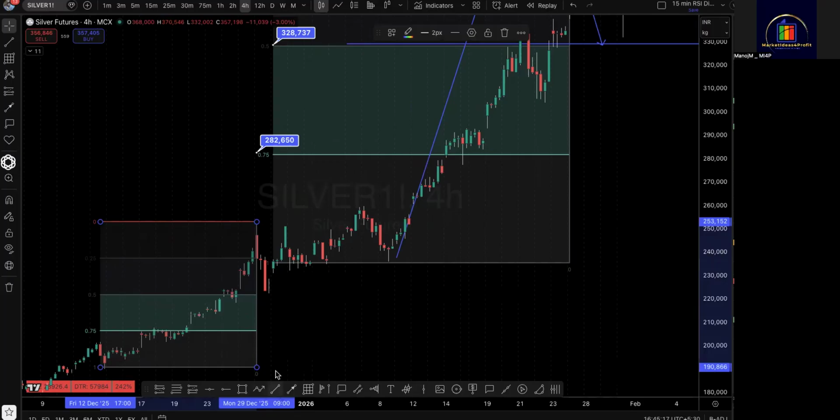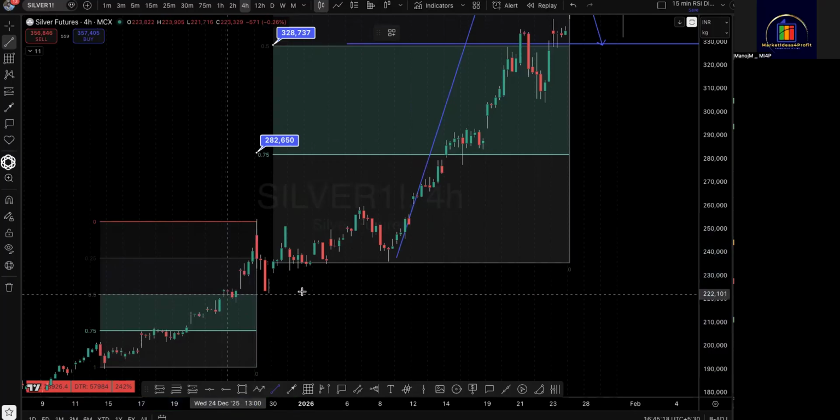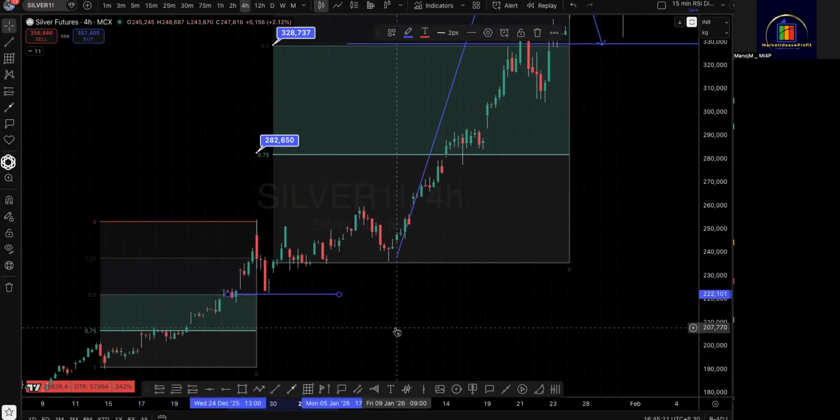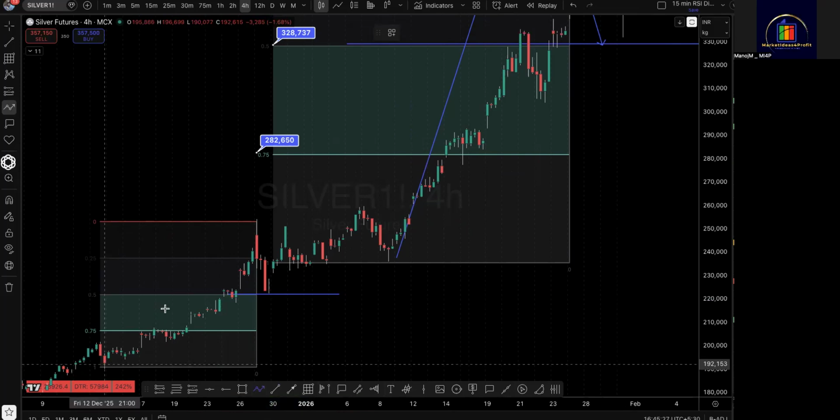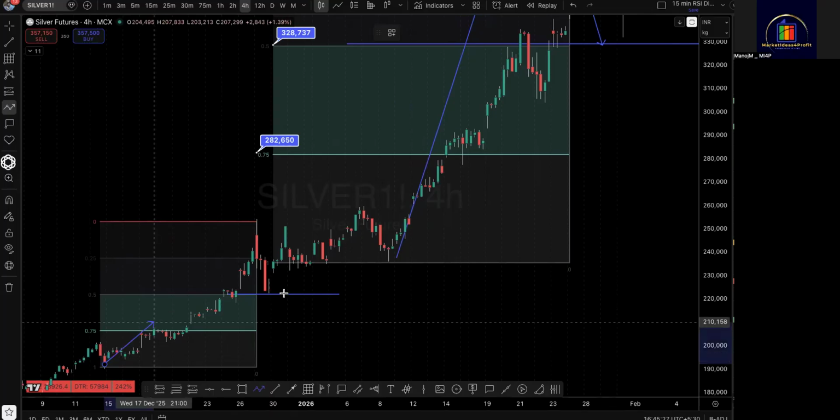See, exactly at the 50% level is where we find support. The price went up all the way, came down all the way, and see how beautifully it has taken flight again from that 50% level.